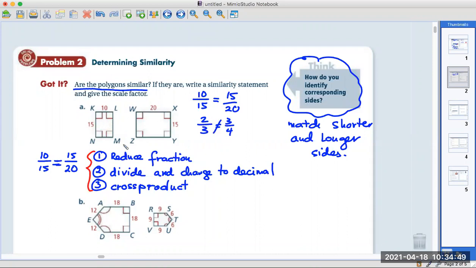But this is the first way, reduce the fraction. The second way, divide. So you use your calculator, and you go 10 divided by 15. So that's 0.66 repeating, which does not equal 15 divided by 20.